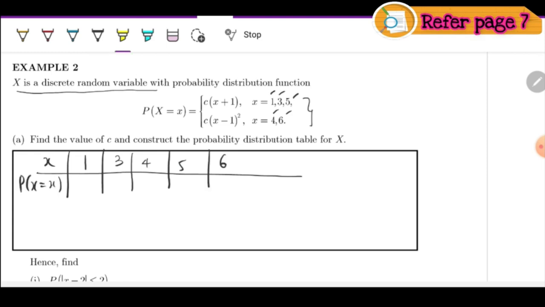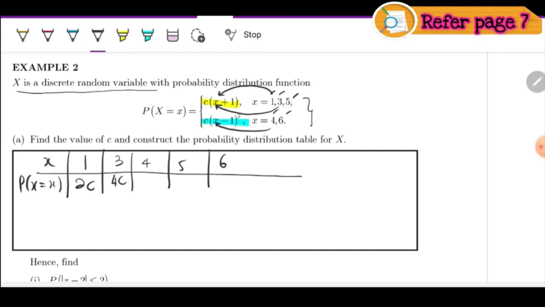When x equals 1, we use this function. Substitute 1 into x, so we get 2c. When x equals 3, we also use the same function. Substitute 3 into x, then we get 4c. When x equals 4, we use the lower function.